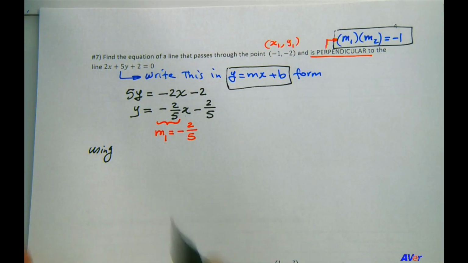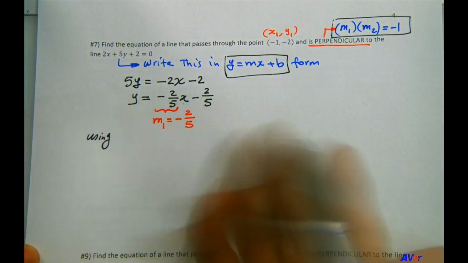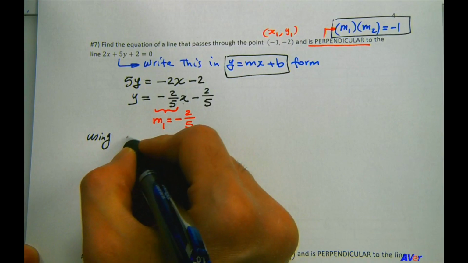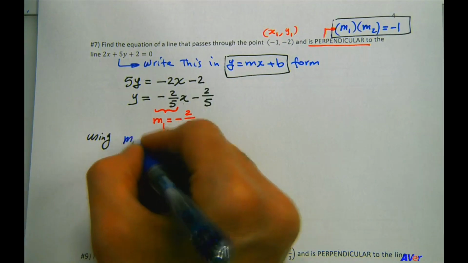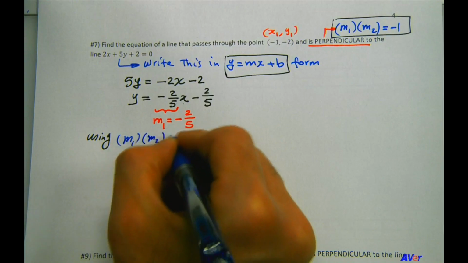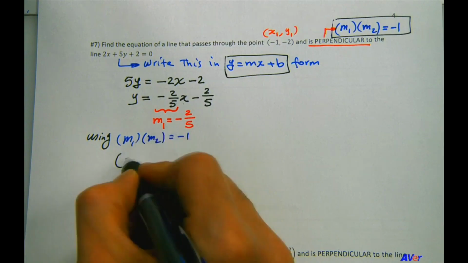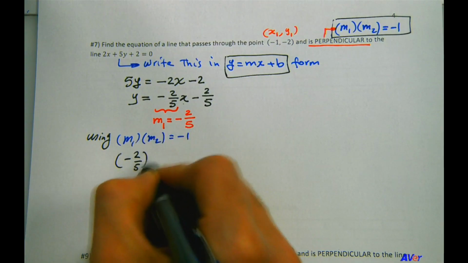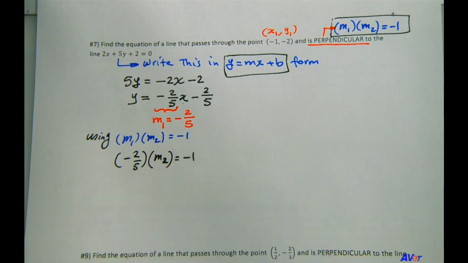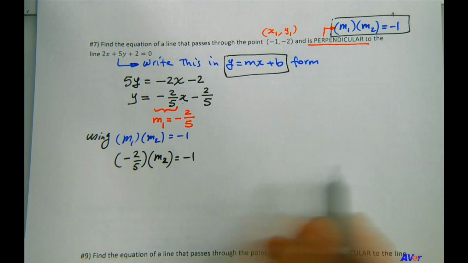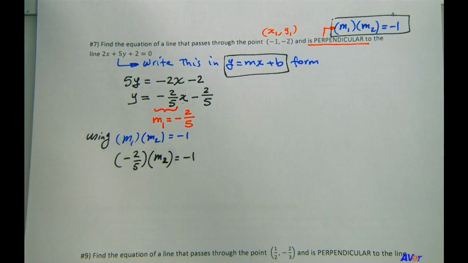But for anyone who wants to know how we solve for the slope of the perpendicular line, I'm going through it. So using m1 times m2 equals -1, we have m1 is -2 over 5. m2 is what we're looking for, should be equal to -1. So multiply both sides by 5 to clear the fraction. Right?